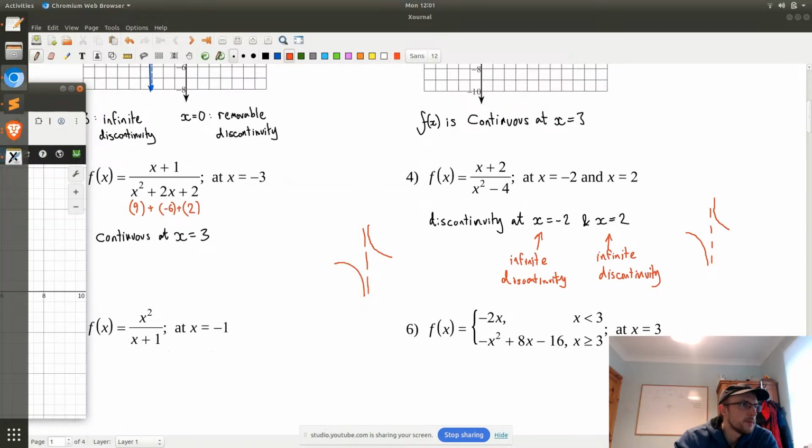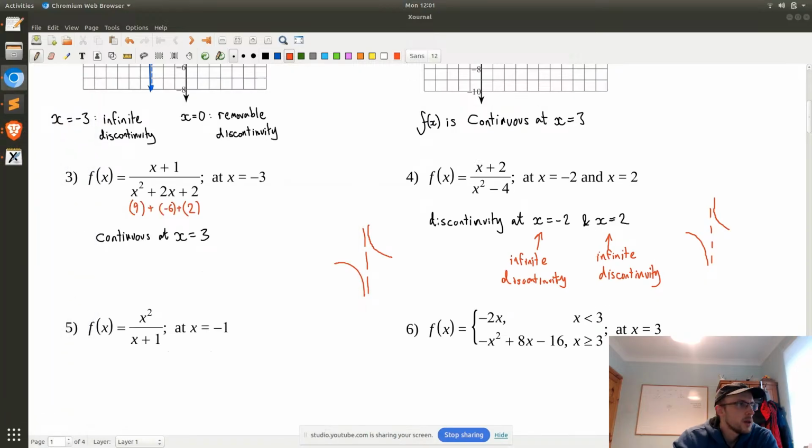There we go. Right. Add x plus 2 over x squared take 4.